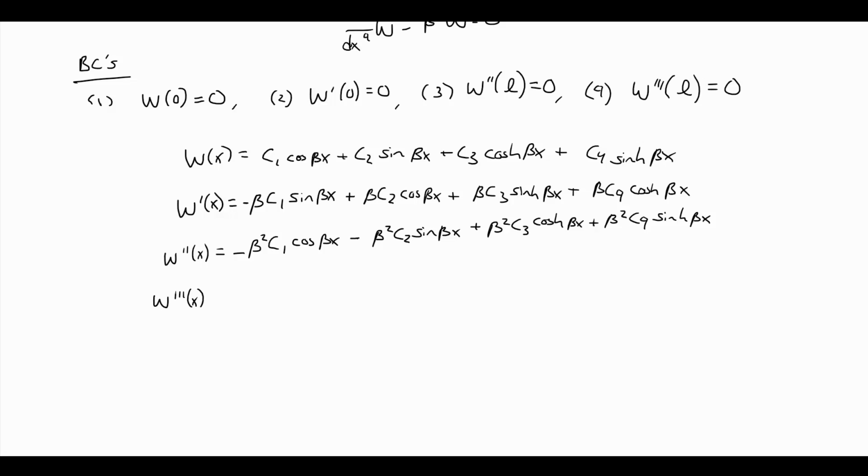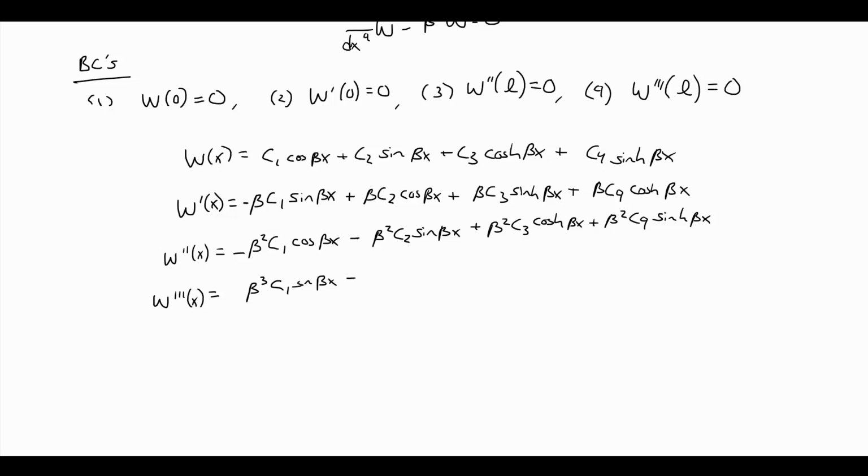And then the third derivative, differentiating one more time, we are going to have another beta come out, so beta cubed c1, cosine is once again going to go to negative sine. So the negatives are going to cancel, so there's just a positive out in front.